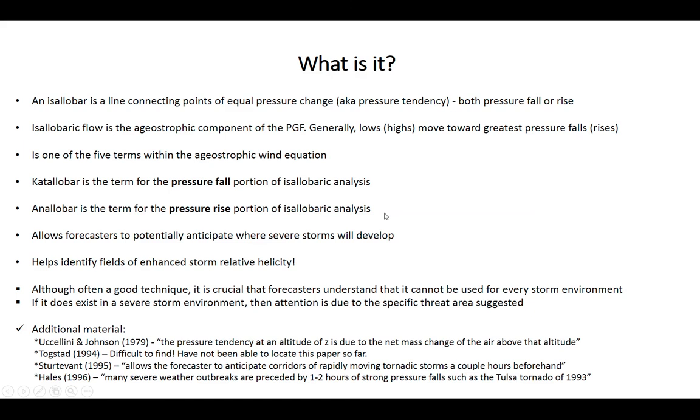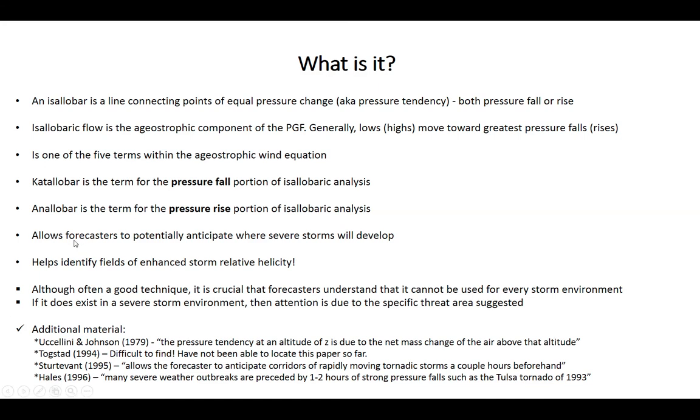So you'll see these two thrown around loosely every now and then if you read an area forecast discussion written by a National Weather Service forecaster. Every now and then the Storm Prediction Center also will throw that out there when discussing pressure tendency. But know the differences between the two.